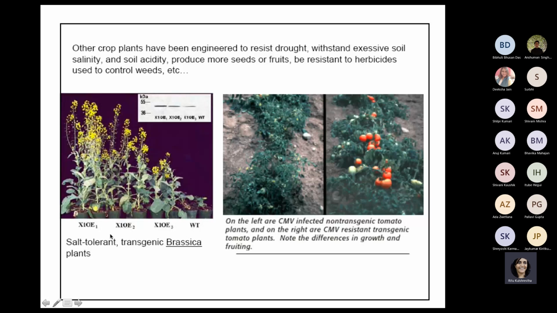In this case, they have developed a salt tolerant brassica variety, and you can see this wild type plant, when grown at a very high concentration of salt, cannot grow almost at all; its growth is highly inhibited. But these are the various transgenic overexpressors made by engineering different genes, which have different resistance levels compared to the wild type.